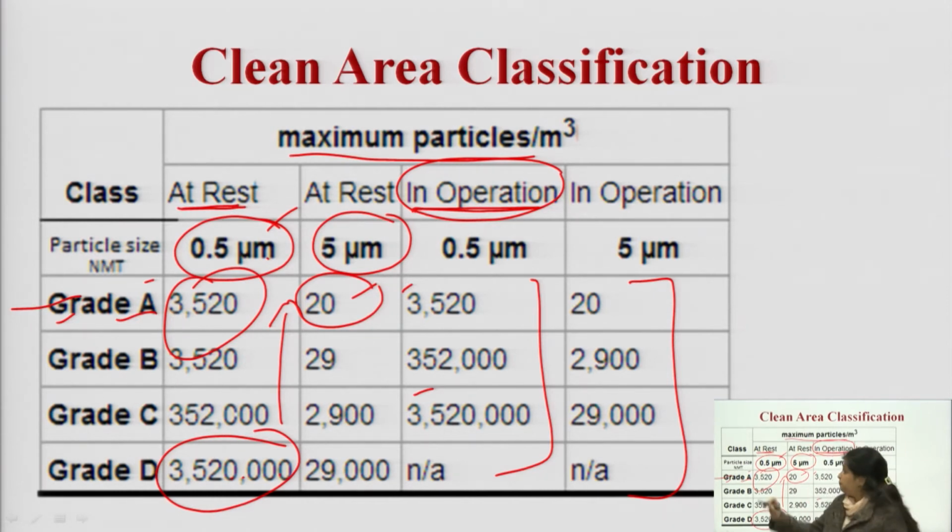So, based on maximum particles per meter cube, this classification has been given. These are the limits you need to note down, the limits given by the regulatory bodies for grade D, grade C, grade B and grade A.